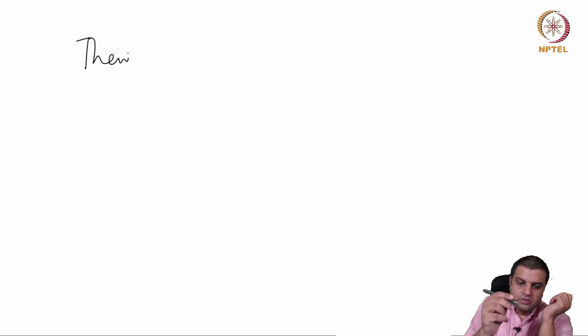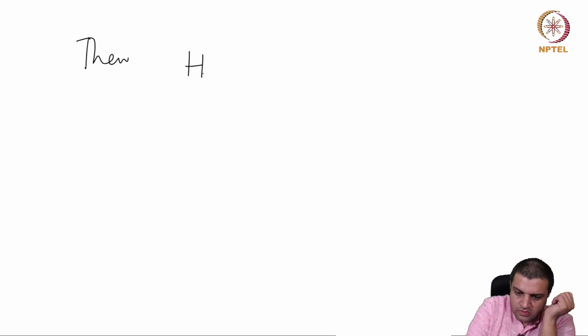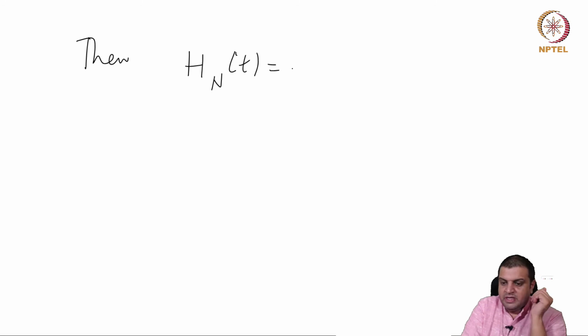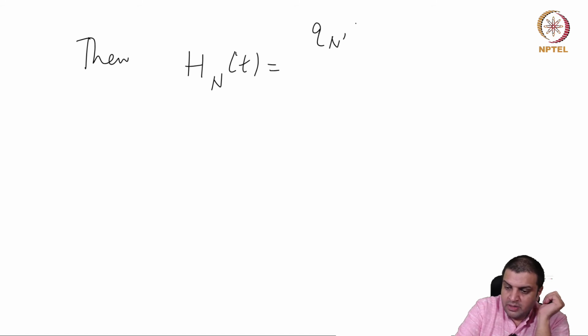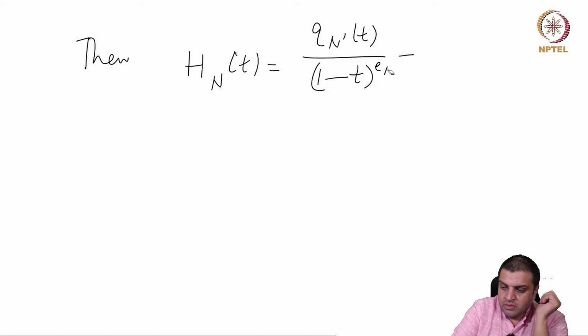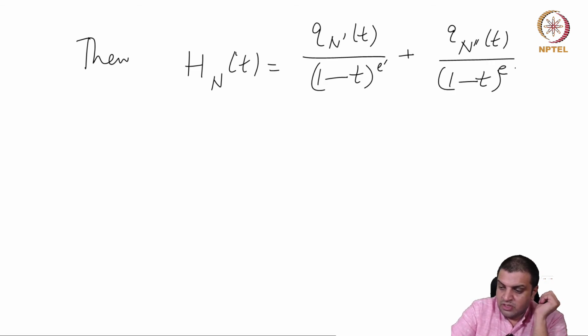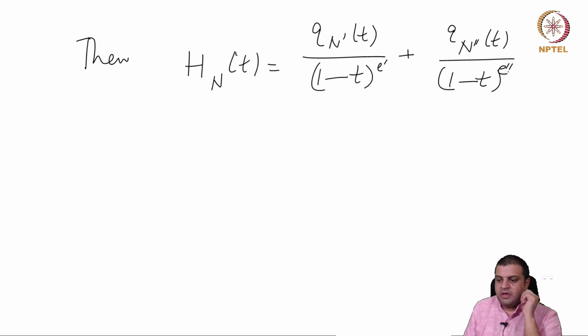Okay. So then Hn of t will be the sum of the series on the outer two. So this will be Qn prime of t divided by 1 minus t to the e prime, plus Qn double prime of t divided by 1 minus t to the e double prime.